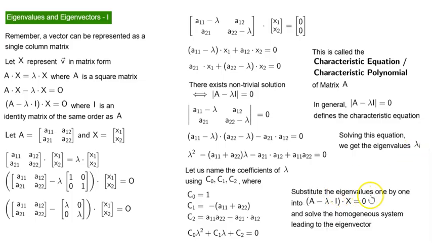Now substituting the eigenvalues one by one into the equation A minus lambda I times X equal to 0, which is a homogeneous system, it will give us the eigenvector. In the next two sessions, we will look at two problems related to eigenvalues and eigenvectors.